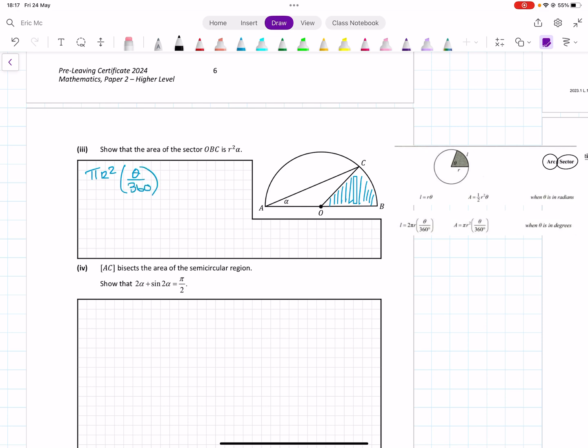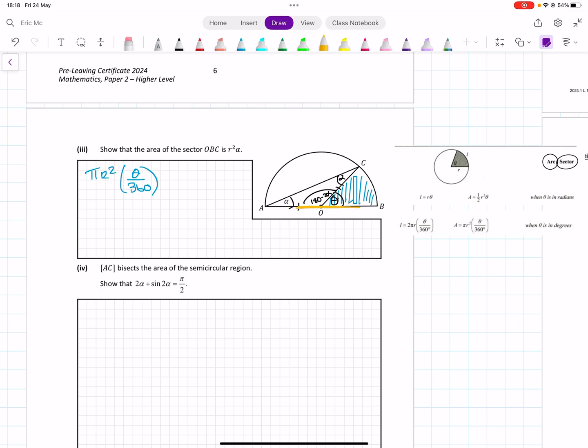Now theta is the angle here. Because these are both radii, this is alpha, because that's an isosceles triangle. So that means this is 180 minus 2 alpha, because the 3 angles of a triangle equal 180.